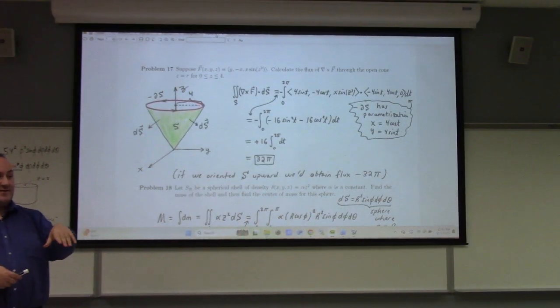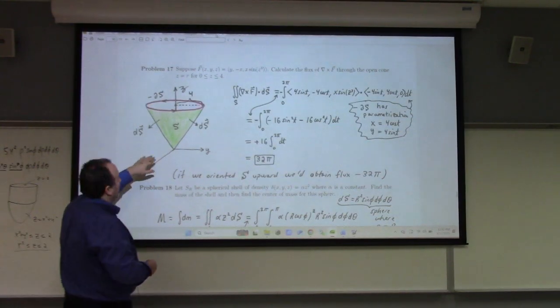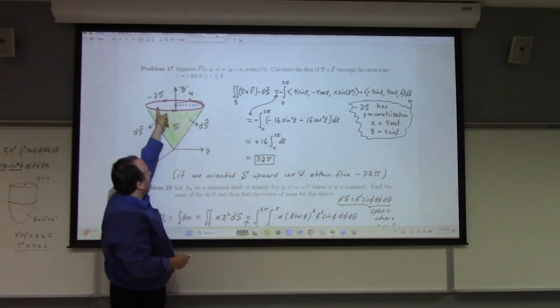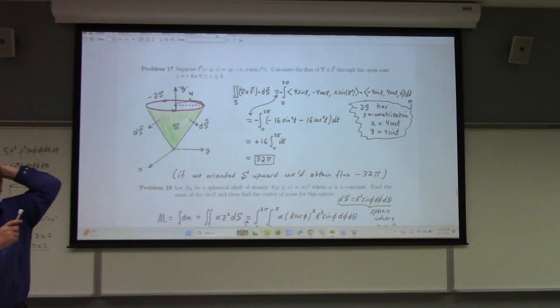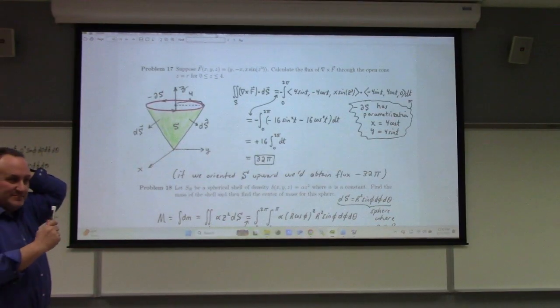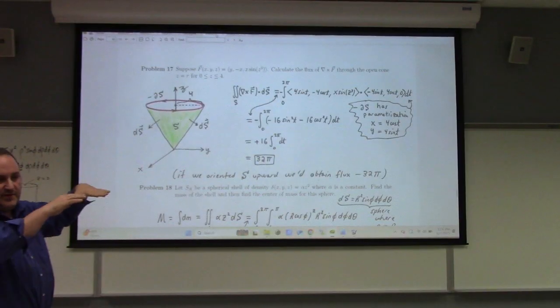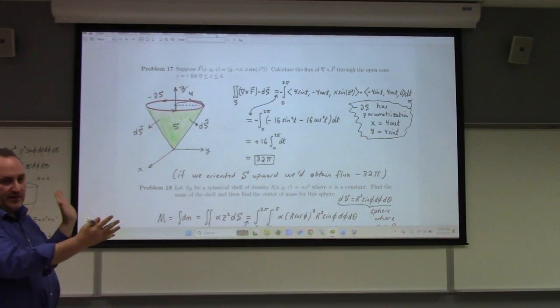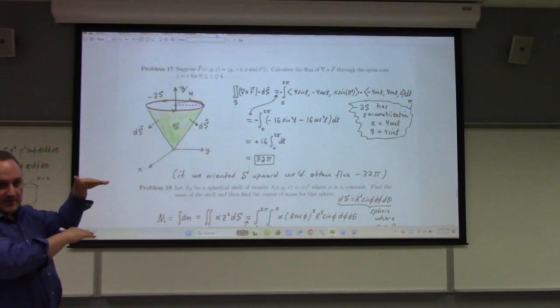Another thing you might ask is, what's the flux of the curl through the upper cap, just the cap at z equals 4? It has to be negative 32 pi, right? Because the upper cap union with the downward oriented cone is the positively oriented boundary of the solid cone from z equals 0 to z equals 4.